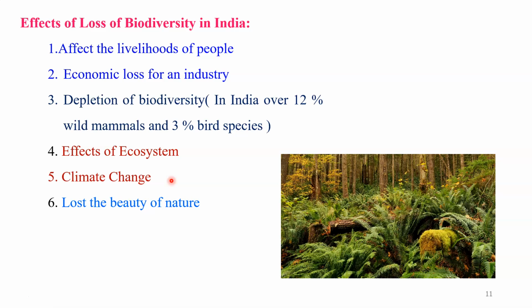But when biodiversity is disturbed, ecological balance is disturbed, and there is global warming. The temperature is going to rise, and on the other hand, the rainfall is going to decrease. So when there is a loss of biodiversity, we observe climate change through various events.